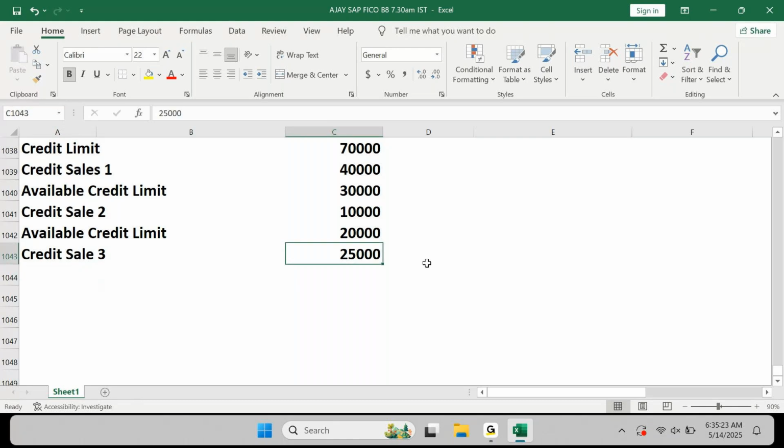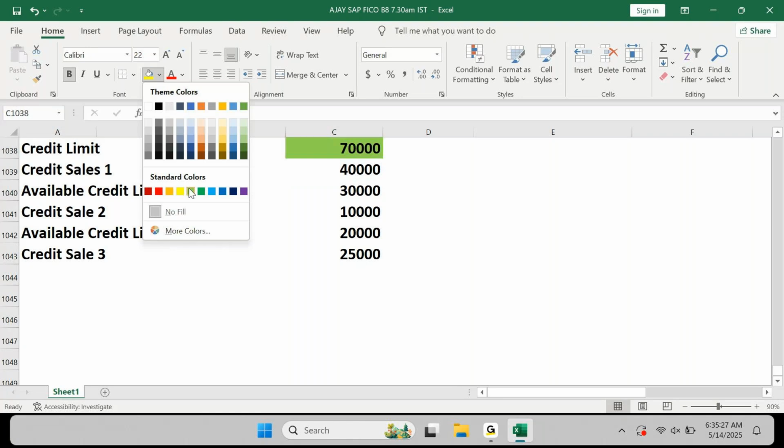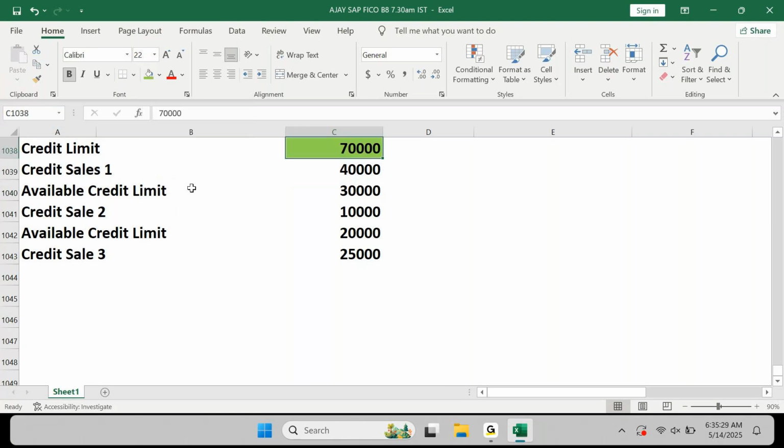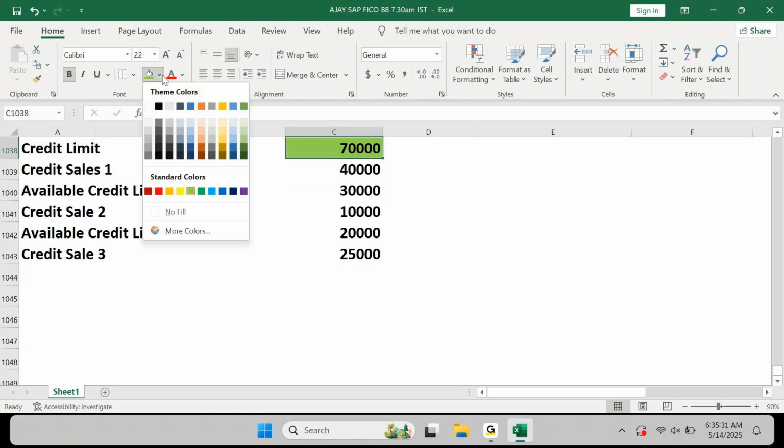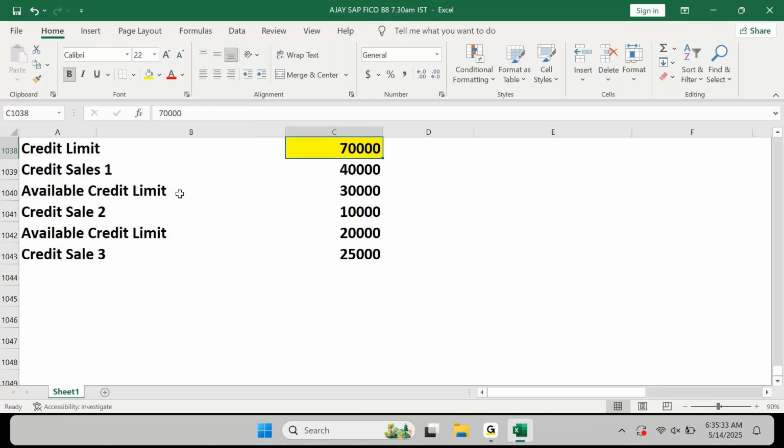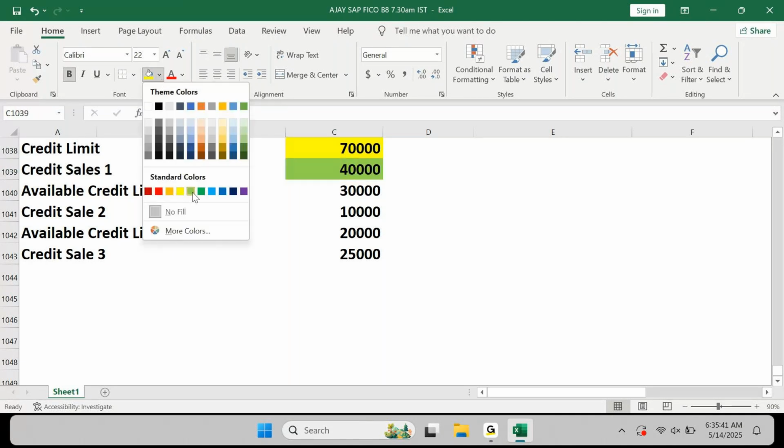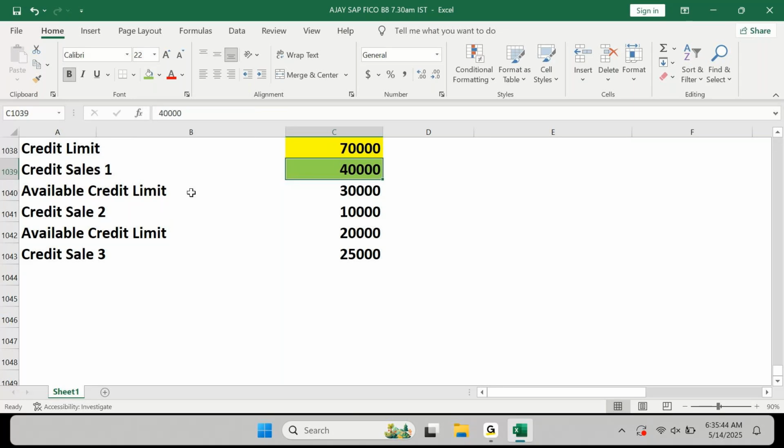Here my credit limit is 70. My sale is accepted or rejected? Accepted. The sale is accepted because my limit is sufficient to make this sale. Then my credit limit has become 30,000.